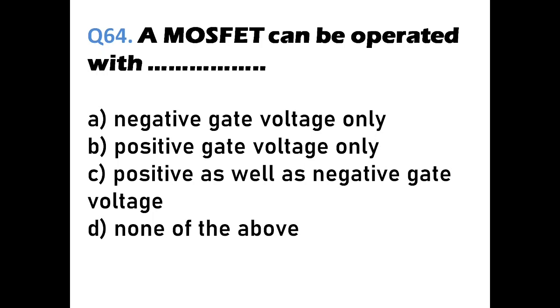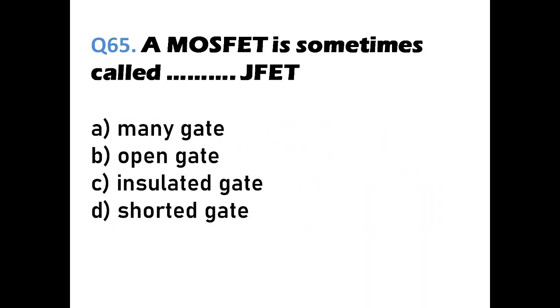In depletion mode of operation, you can use one type of polarity, and in enhancement mode, you can use another type of polarity for the gate voltage. That means for a MOSFET, especially depletion type of MOSFET, we can use both positive and negative gate voltages. That means option C, positive as well as negative gate voltage, is the correct answer for this. So a MOSFET, that is mainly a depletion type MOSFET, can be operated with positive as well as negative gate voltage. Okay. Then we'll go to question number 65.